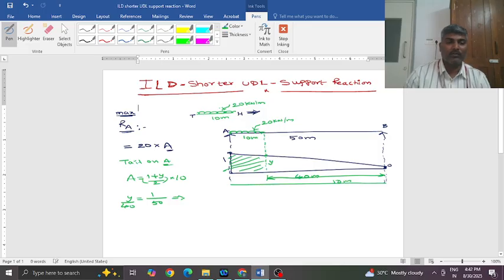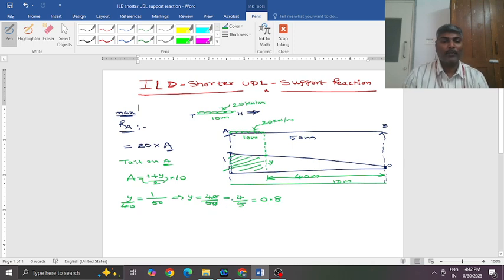So I need the y value, which is equal to 40 by 50. The 0 goes from numerator and denominator. It is simply 4 by 5, which is nothing but 0.8. So this height is 0.8, and the height at A is 1.